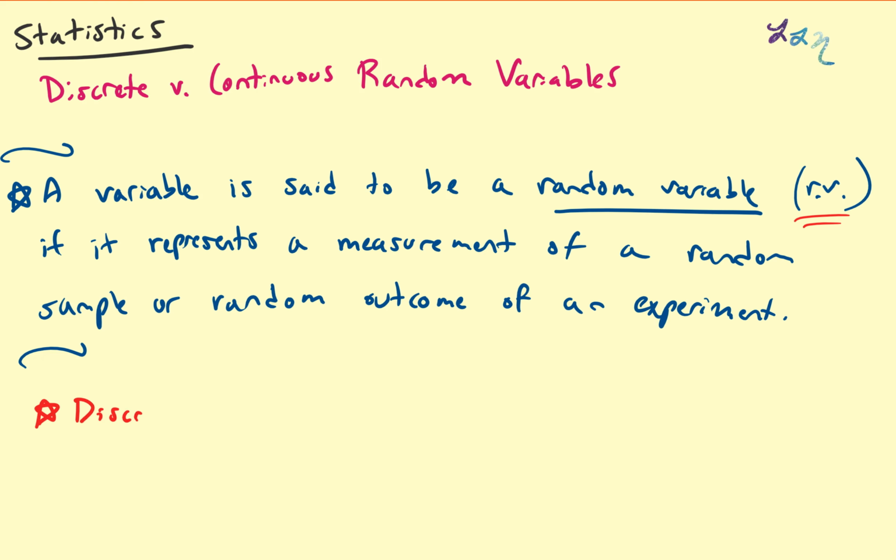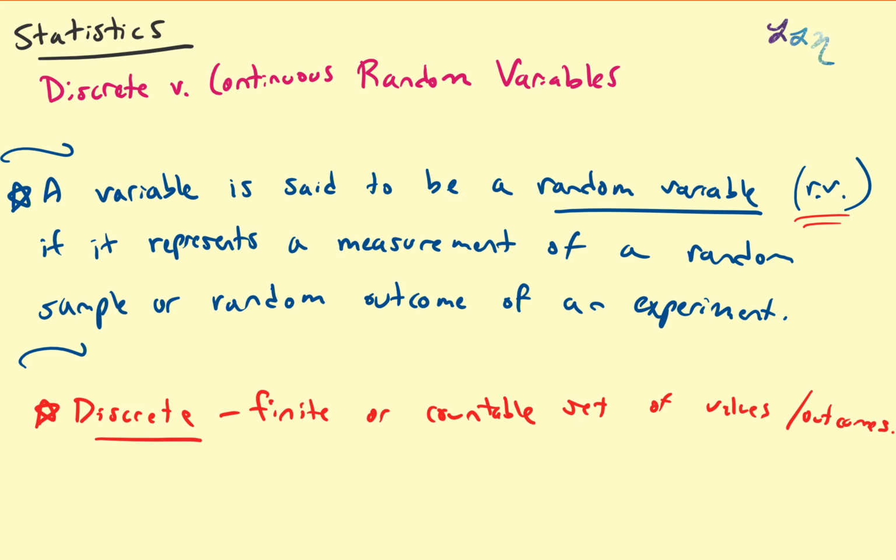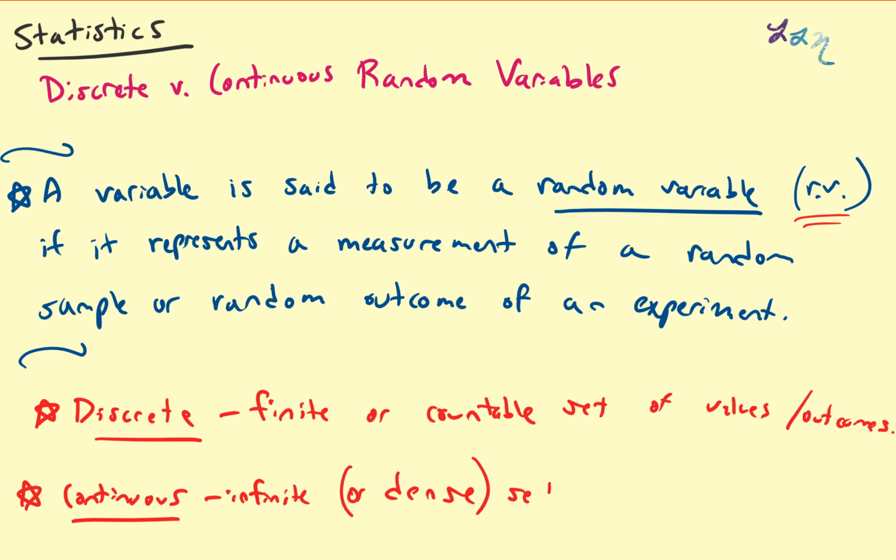So when I say a discrete random variable, discrete means either a finite or countable set of values or outcomes. And when I say continuous, then this is going to be an infinite or dense set of values or outcomes.